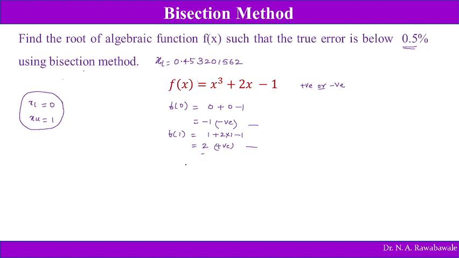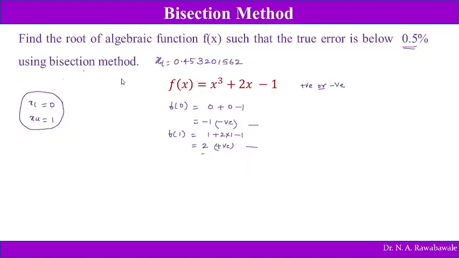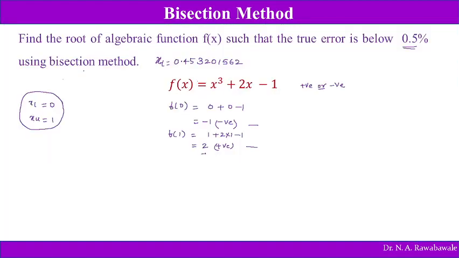Now let us start with this. First of all we have assumed XL as 0, the function value f of XL was minus 1, negative, and we substituted XU as 1 and the function value was positive, that is plus 2.